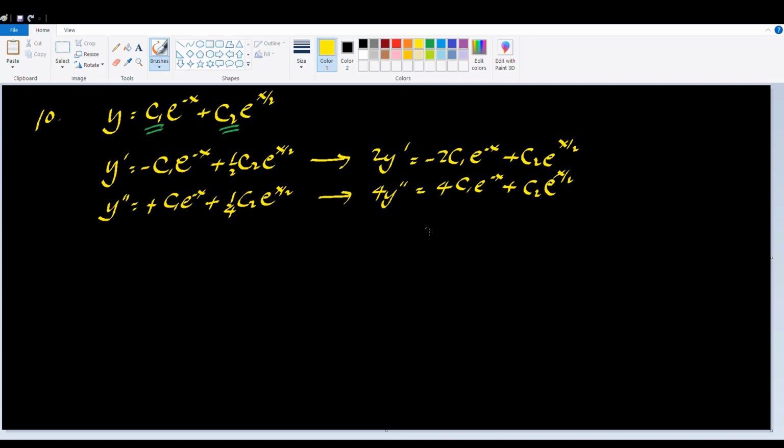What do we do next? What is the best thing that we can do here? So we have here 3 equations, 1, 2, and 3.